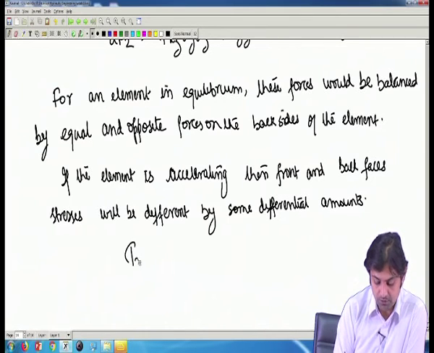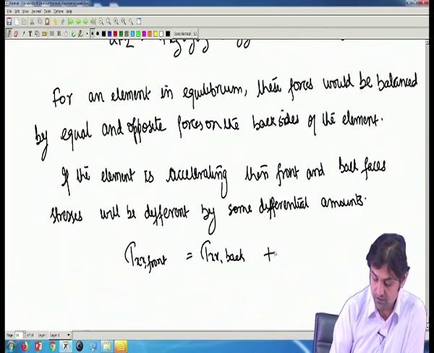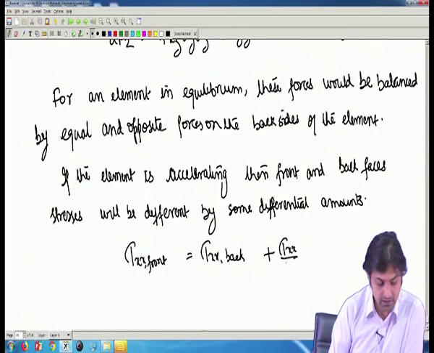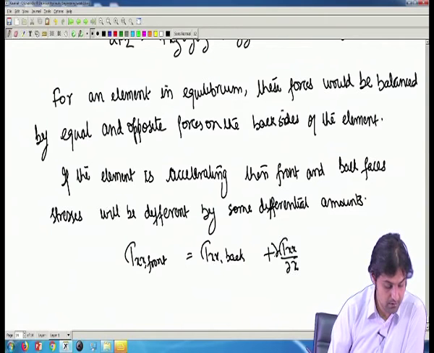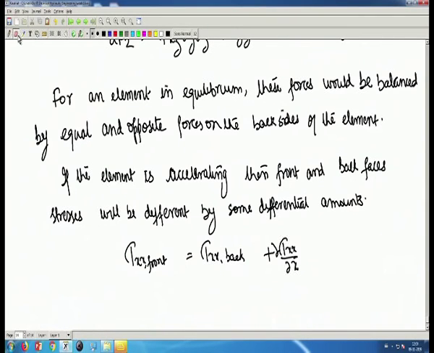So suppose tau xx front is going to be tau xx back plus del tau xx by del x into dx. We call this equation number 5. All right.